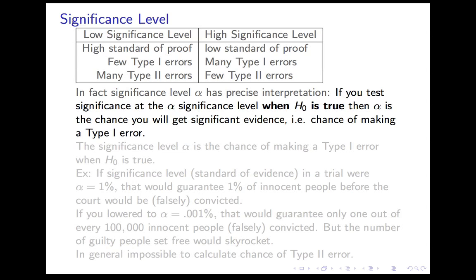So if you do a significance test at the alpha significance level when the null hypothesis is true, so we're making one of these Monty Hall statements where you're imagining you're looking down from heaven, you know that the null hypothesis is true. You're watching somebody do a hypothesis test.